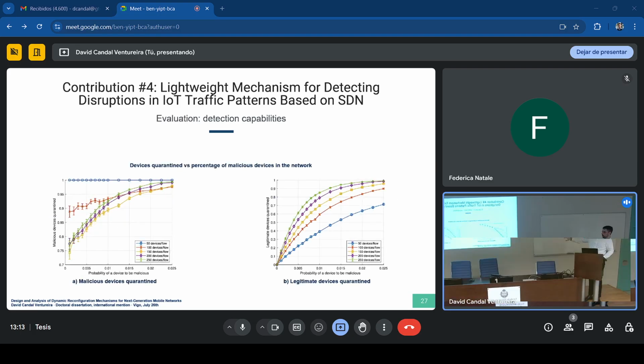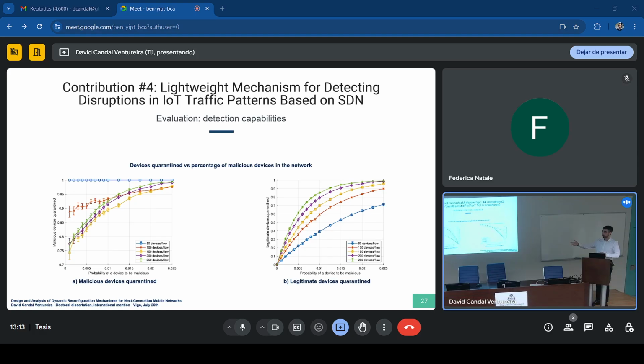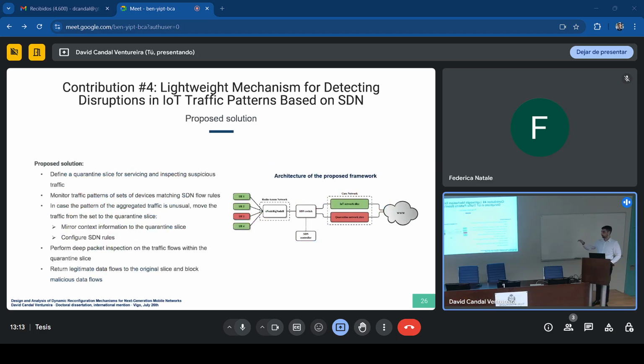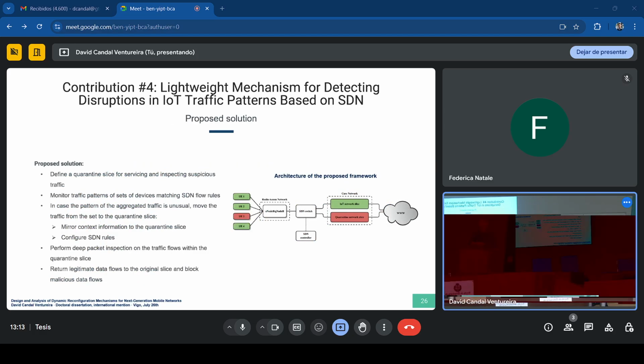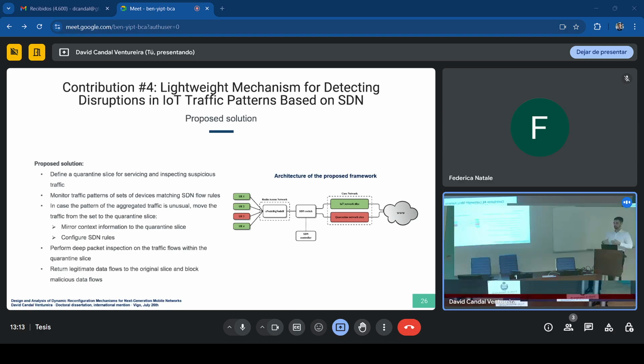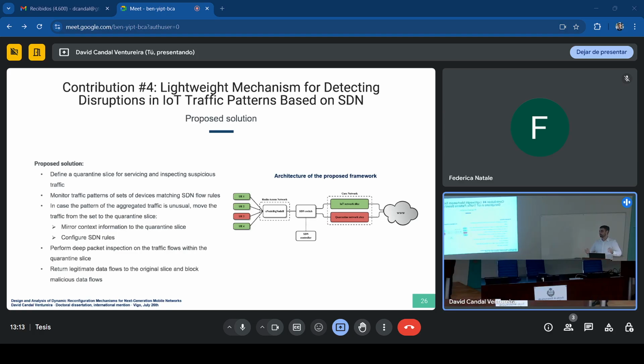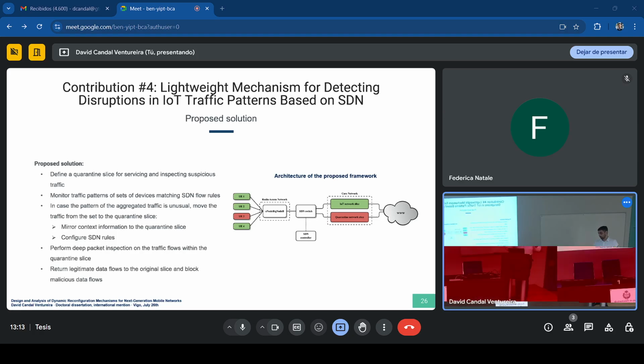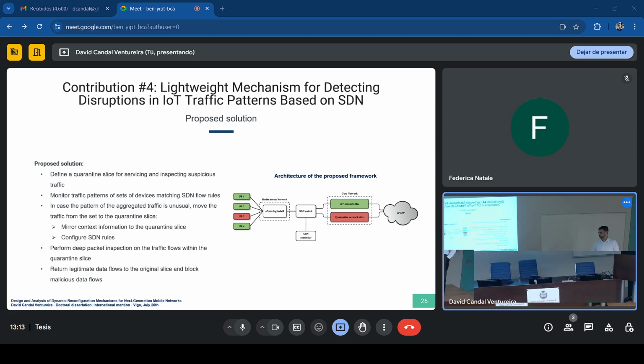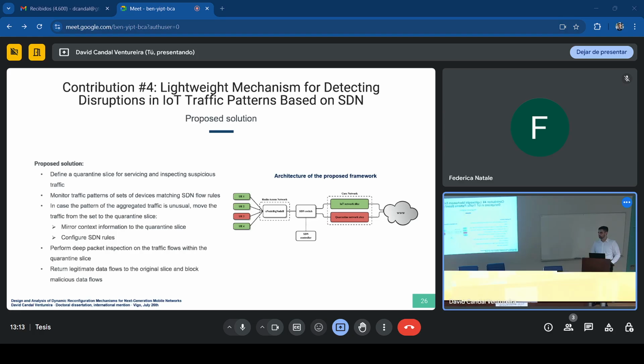The inspection we do is to move this. Yeah, but it's a light inspection. What we propose is to move the traffic to that quarantine slice. Regarding how the traffic is analyzed there, that's out of the scope. We assume that all the malicious traffic is detected somehow. Okay, so my question has no sense. Okay.